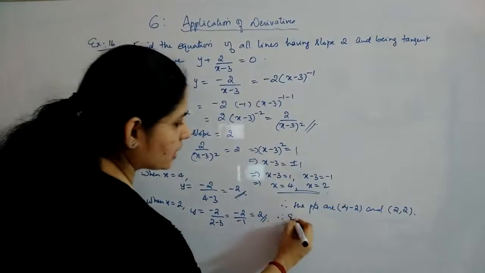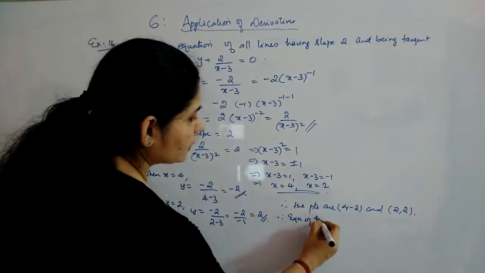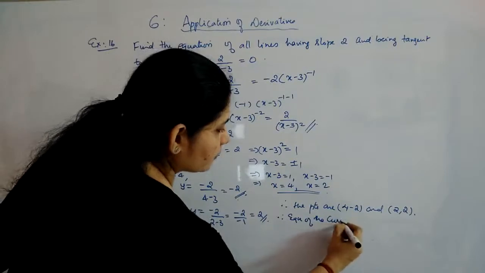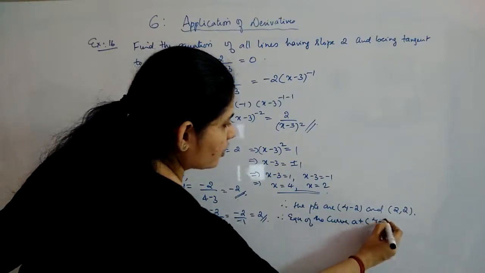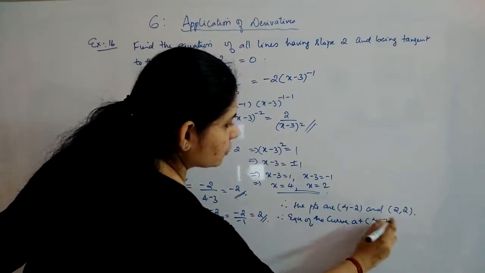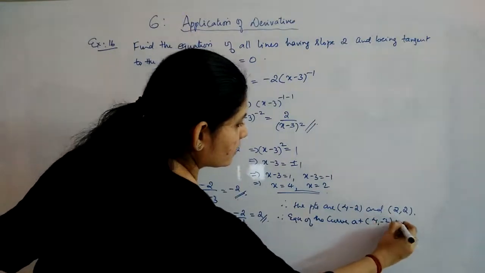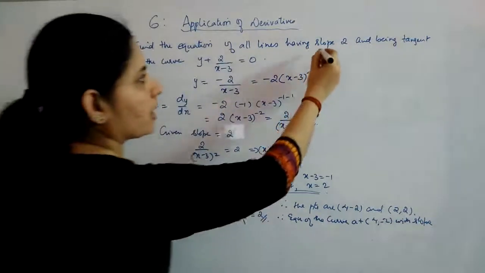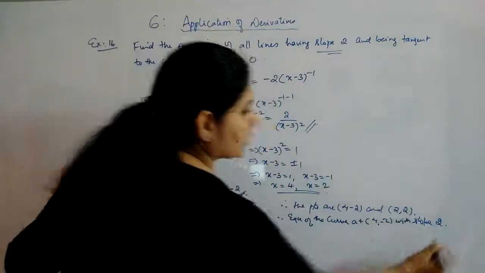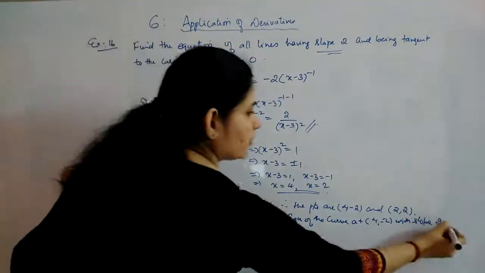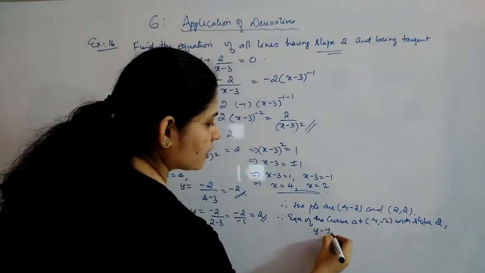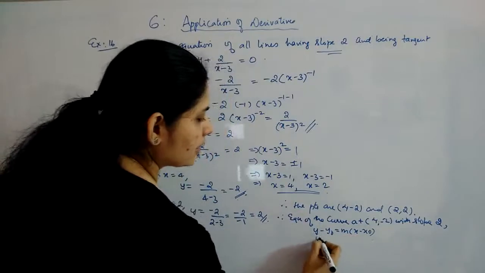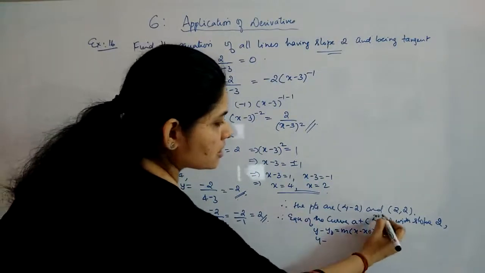Therefore, the equation of the curve at 4 comma minus 2, with slope, for both the equations you have the same slope, 2, will be y minus y naught equal to m into x minus x naught. In that I am replacing. Here this is your x naught, y naught.